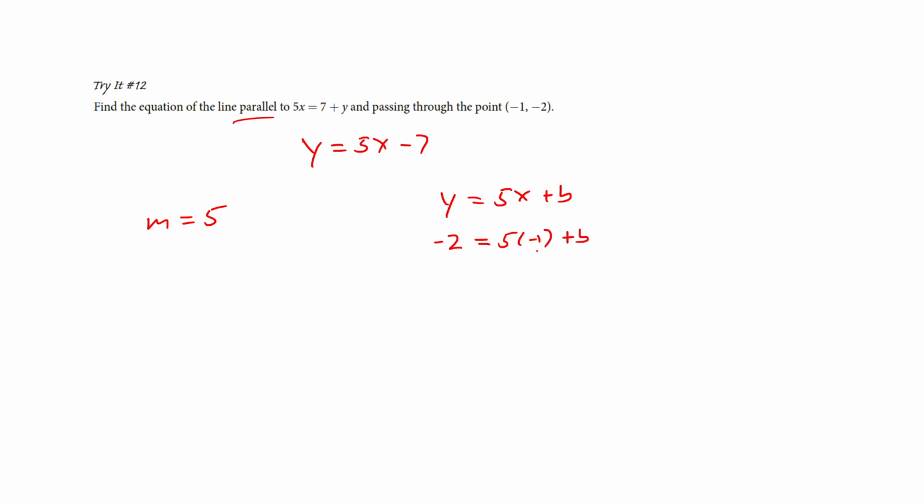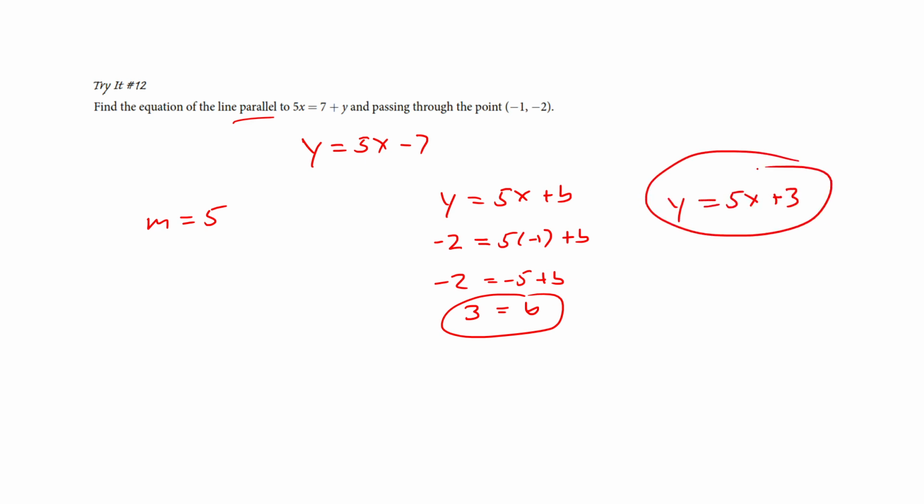Okay, solving this here. So I plugged in my point. I get b is 3. So my final equation, got to put it all back together, y is 5x plus 3.